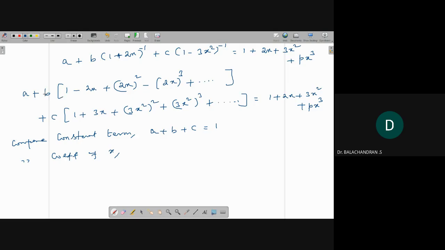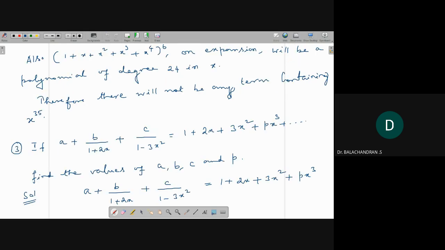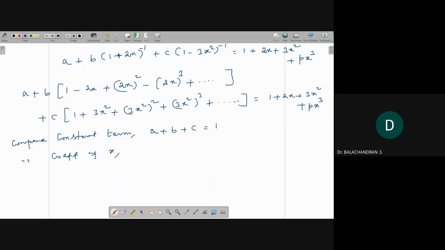Here I have minus 2b. I don't have the coefficient of x in the c term, only here I have the coefficient of x, minus 2b is equal to 2. So this implies b equal to minus 1.